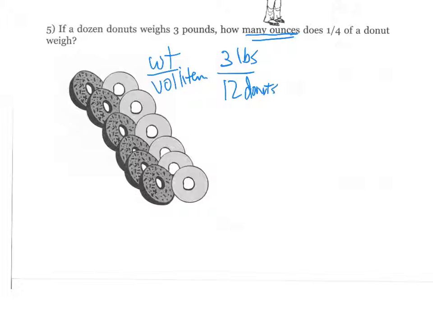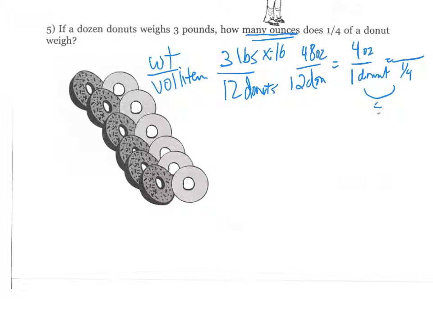So you have 3 times 16, so you have 48 ounces for 12 donuts. And that's a 4-to-1 relationship, so you have 4 ounces for 1 donut. So what if you have just 1/4 of a donut? Well, that's a divide by 4 relationship. So 4 divided by 4 is 1. So 1/4 of a donut is 1 ounce.